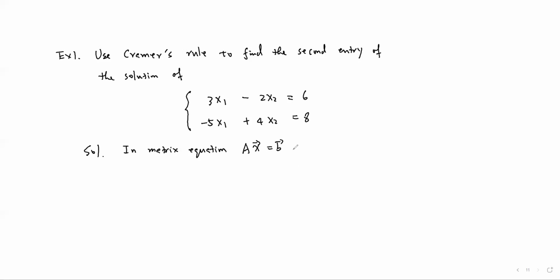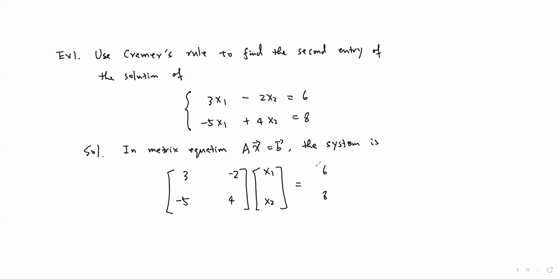The system is the coefficient matrix [3, -2; -5, 4] times the unknown vector x1, x2, and then the right hand side 6, 8.